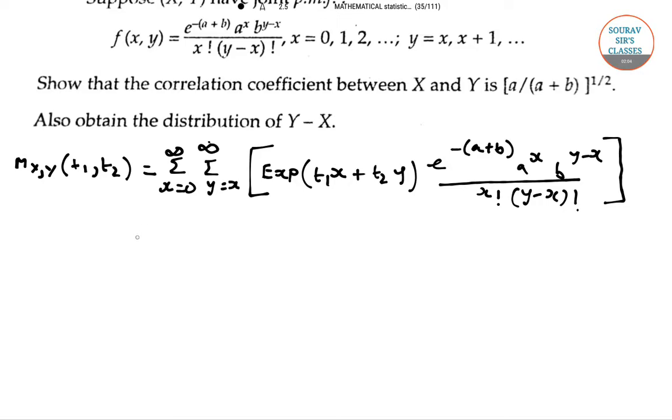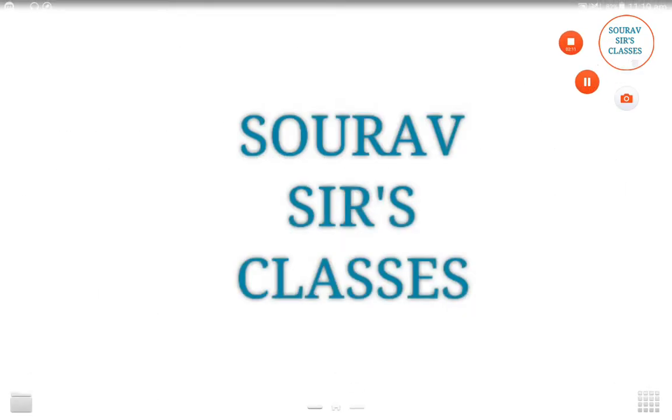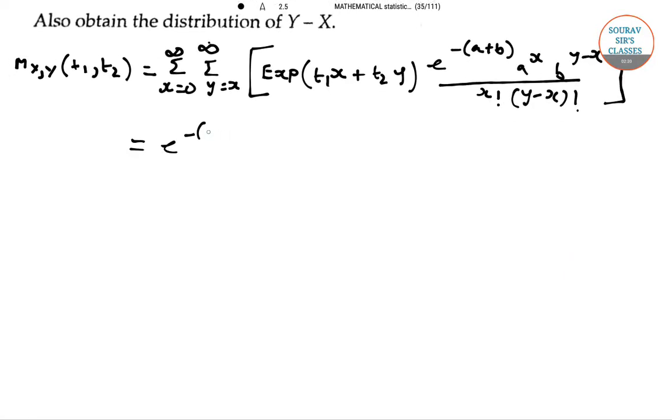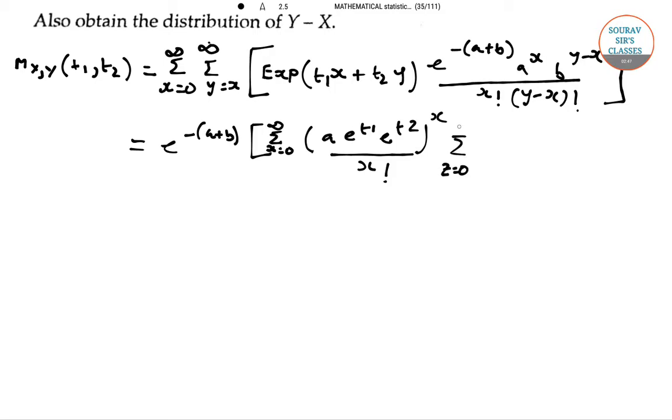Now from here what we can do is, we'll simply take this outside. Then it will be the summation from x equals 0 to infinity of (a e^t1 e^t2) to the power x divided by x factorial, times the summation over z equals 0 to infinity of (b e^t2) to the power z divided by z factorial.